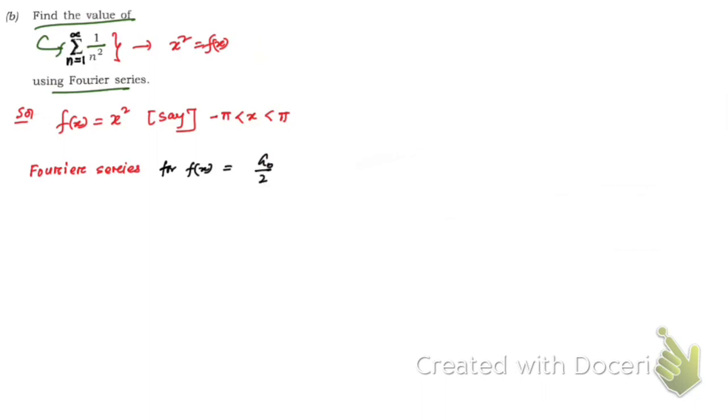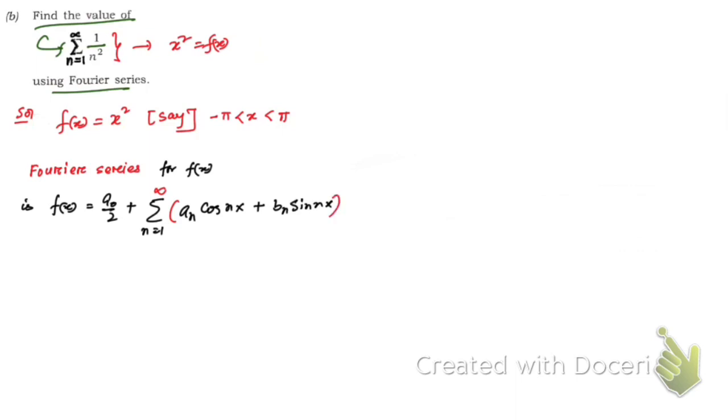So let me write below. f of x will be equal to a naught by 2 plus summation from n equal to 1 to infinity of a n cos nx plus b n sin nx. So this is the Fourier series for the function f of x.